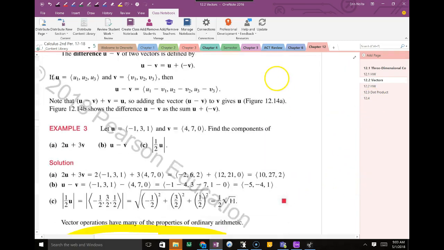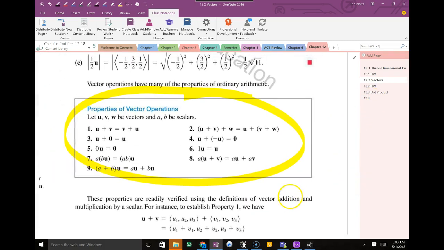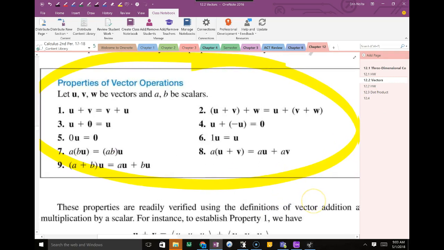Just so you know, the properties of vectors, I would not write this down, are the exact properties of algebra. Which means if I add 2 vectors, it doesn't matter which order I add them. That is the commutative property, that very first one. If you add 0 to a vector, it's just the same vector, right?